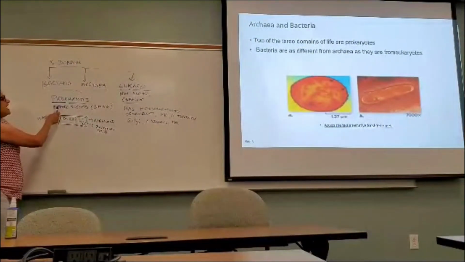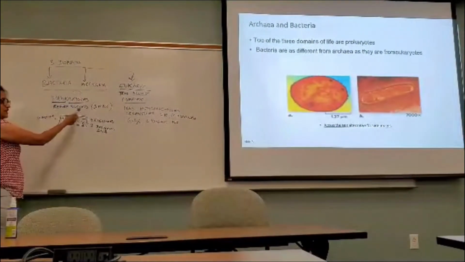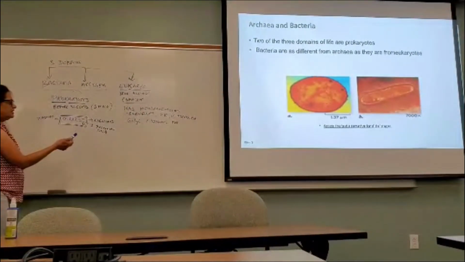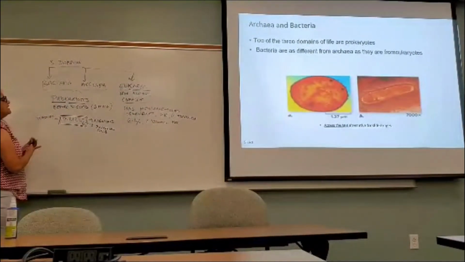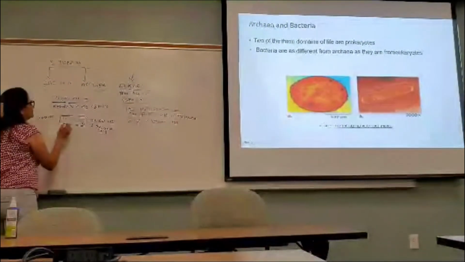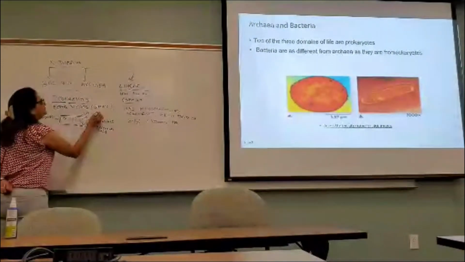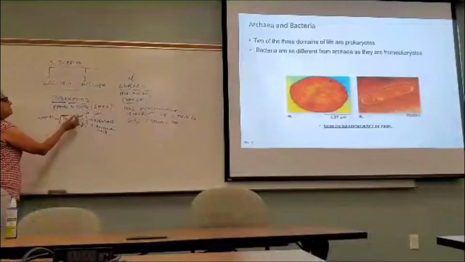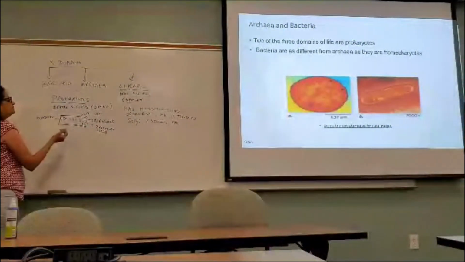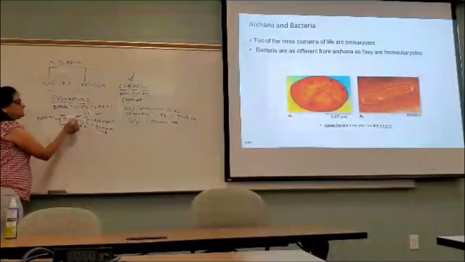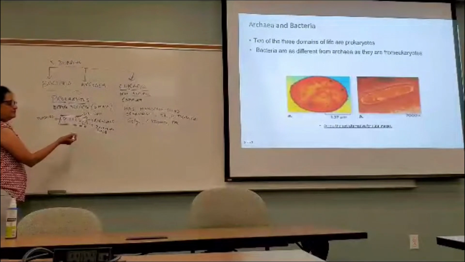Okay, so that is a prokaryote, and their cell is very, very simple. All they have is a cell wall. Okay, cell wall, and they have a cell membrane and a DNA in the center of the cell.